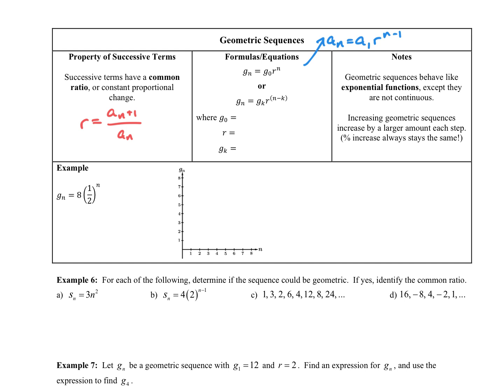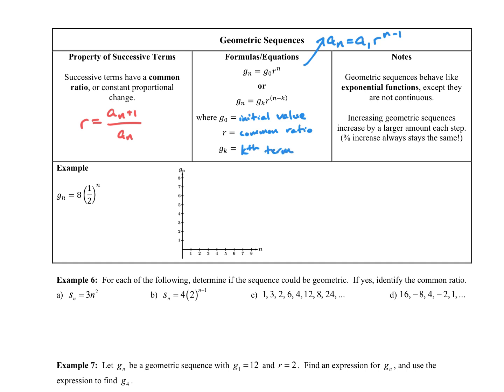All right. So g of 0 is what? G sub 0 is our initial value. Our r is our common ratio. All right. And then our g of k, it's kind of weird, is our kth term. All right.